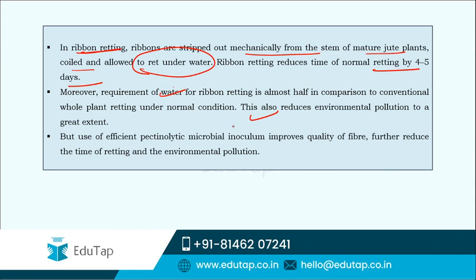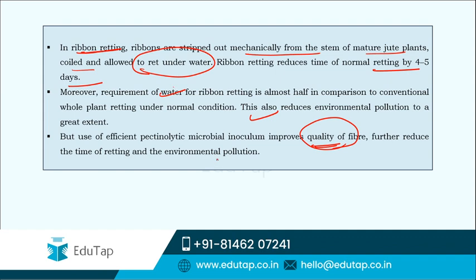But generally, the longer the retting process, the higher the quality of fiber. So here, since in ribbon retting the time is being reduced, these microbial inoculants can be used so that the quality of fiber can be increased.